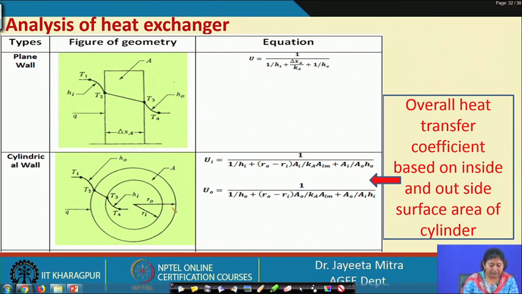So, if the thickness of the heat exchange surface is very less, we can consider that the inside and outside surface areas are equal, and that time we need not take all this.